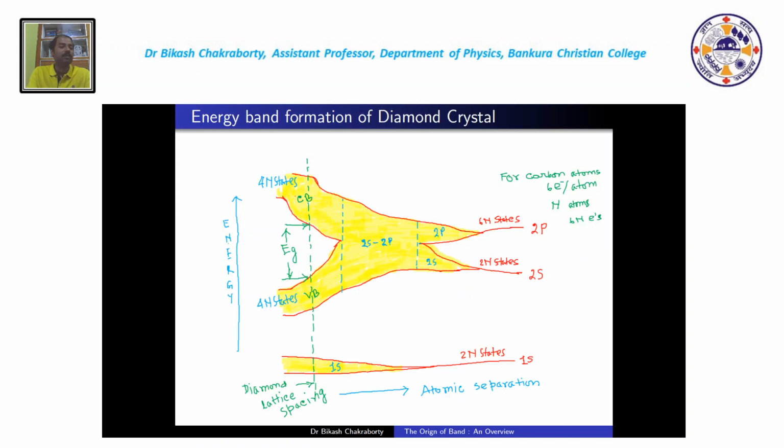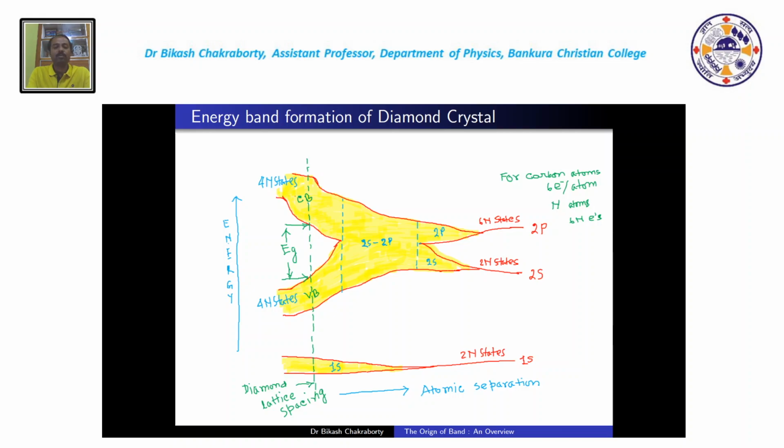For example, if we consider the formation of energy band for diamond crystal from isolated carbon atoms. As you can see, there are two 1s states, two 2s states and six 2p states and all higher states for carbon atoms. For n atoms, there will be 2n 1s states, 2n 2s states and 6n 2p states.